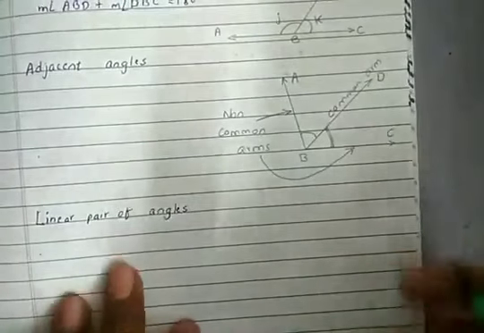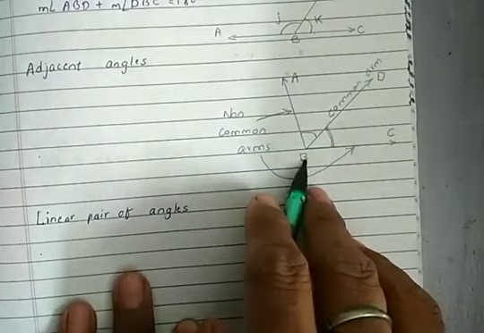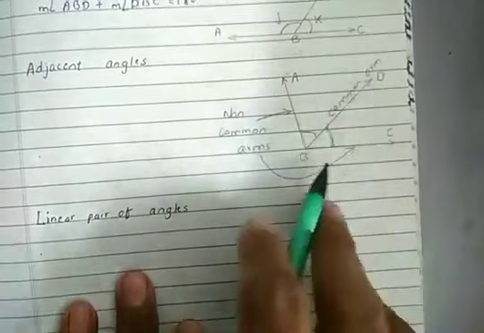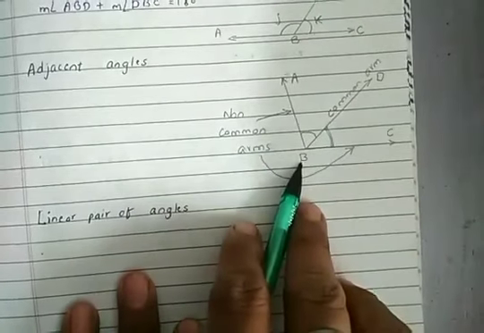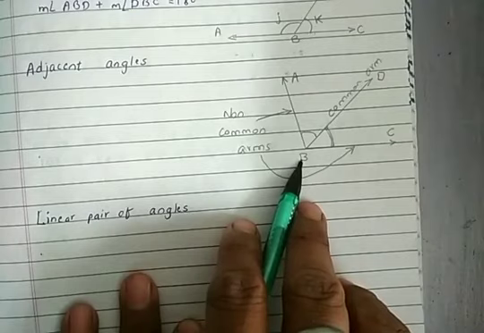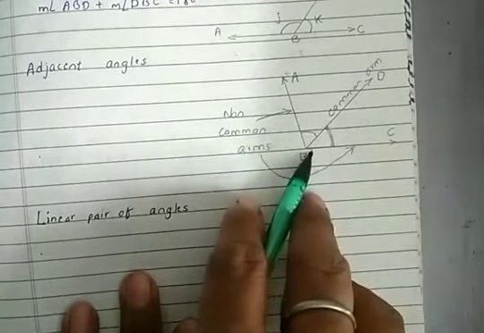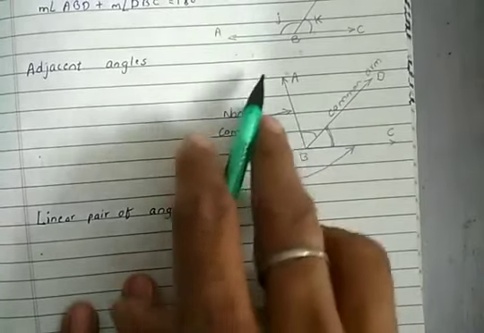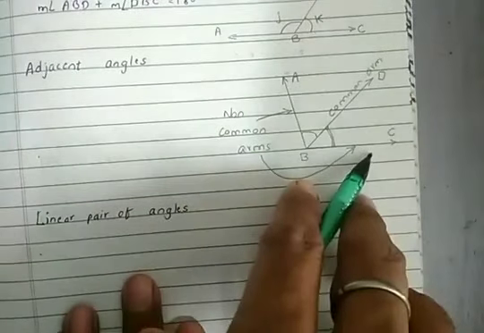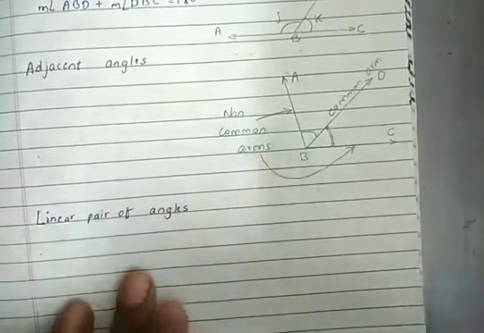Now they have a common vertex B, right? Angle ABD and angle DBC have a common vertex B, right? And they have a common arm BD, right? So in this case, angle ABD and angle DBC are called adjacent angles, right?